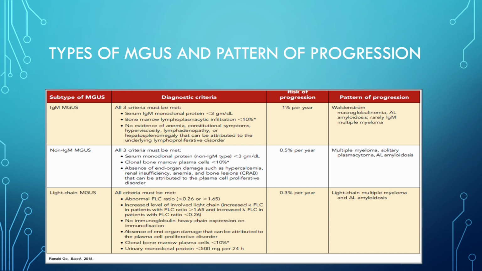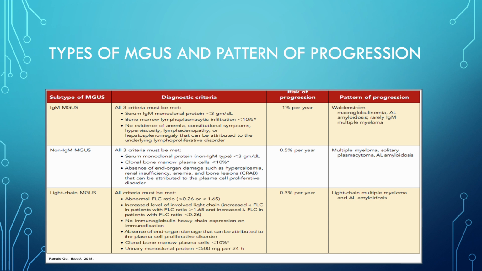The serum IgM levels need to be less than 3 gram per deciliter, and the bone marrow lymphoplasmacytic infiltration less than 10%, and there's no evidence of anemia or any other constitutional symptoms like lymphadenopathy or organomegaly or anything of that sort. The risk is 1% to progress, and the pattern of progression normally seen is Waldenstrom, AL amyloidosis, or rarely IgM type multiple myeloma.